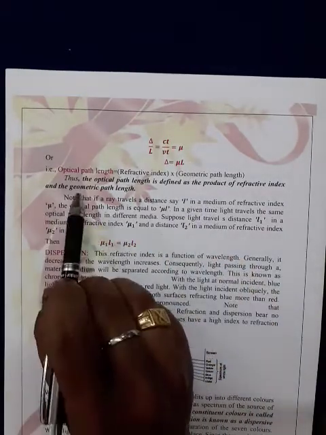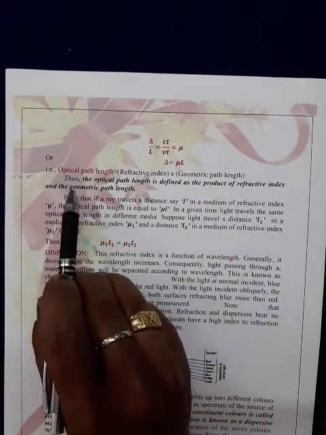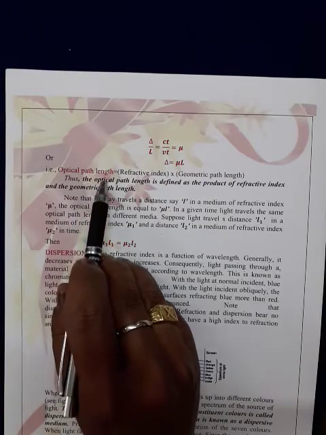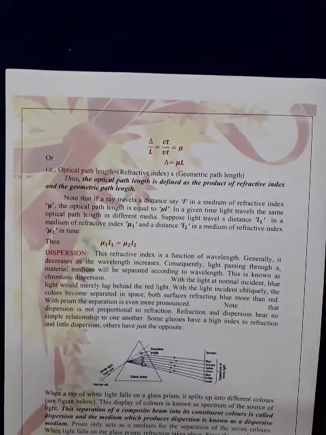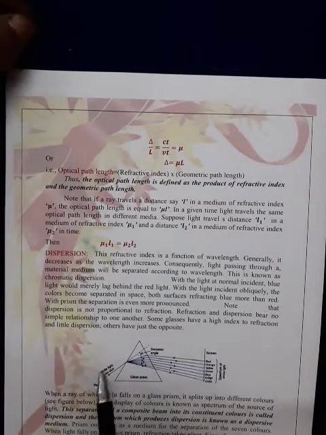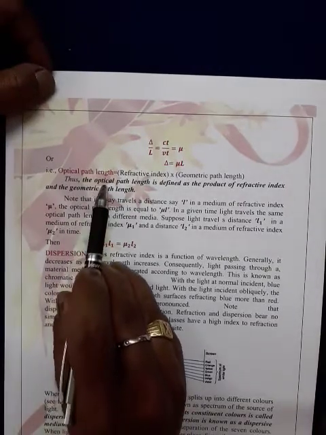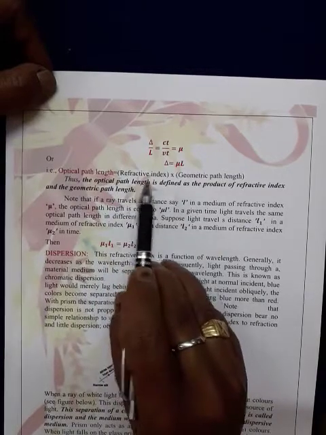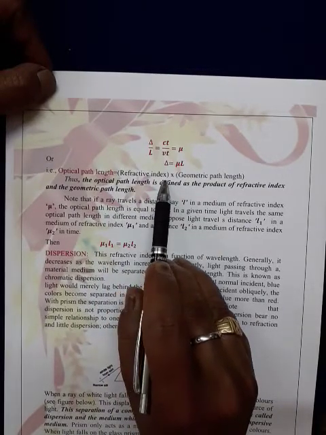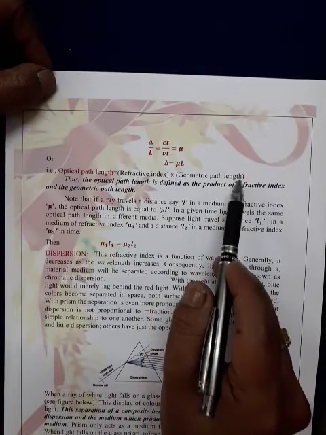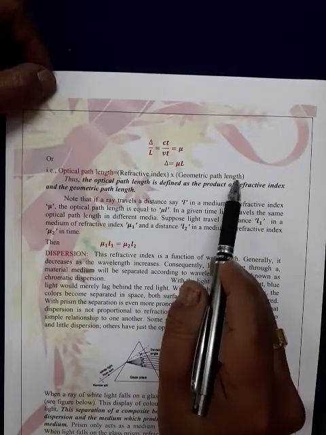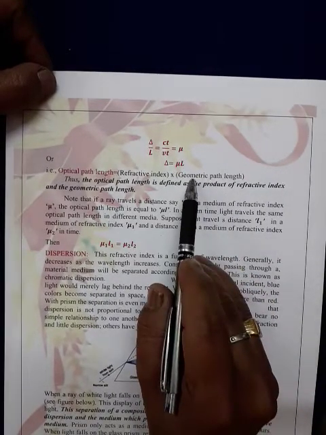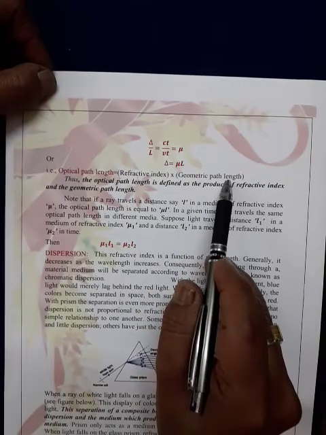Therefore, optical path length is equal to refractive index times geometrical path length. You remember this. While studying the geometrical path length, we consider only the distance traveled by the light from one point to another point.